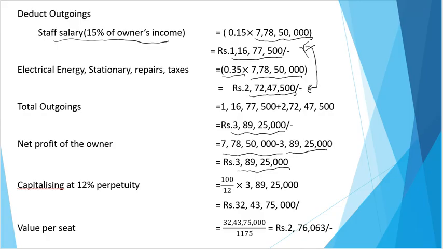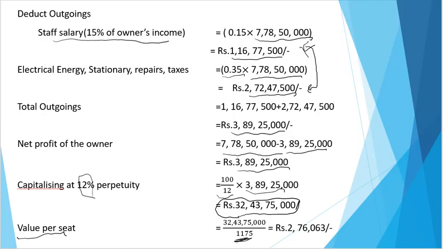So a 12% capitalization rate is given. Net profit is multiplied by YP, which is 100 upon 12. So the value comes out to be 32 crore 43 lakh 75,000. This is the total value of the cinema. But he has asked you to find the value per seat. So for value per seat, you will divide it by the number of seats, which is 1175.